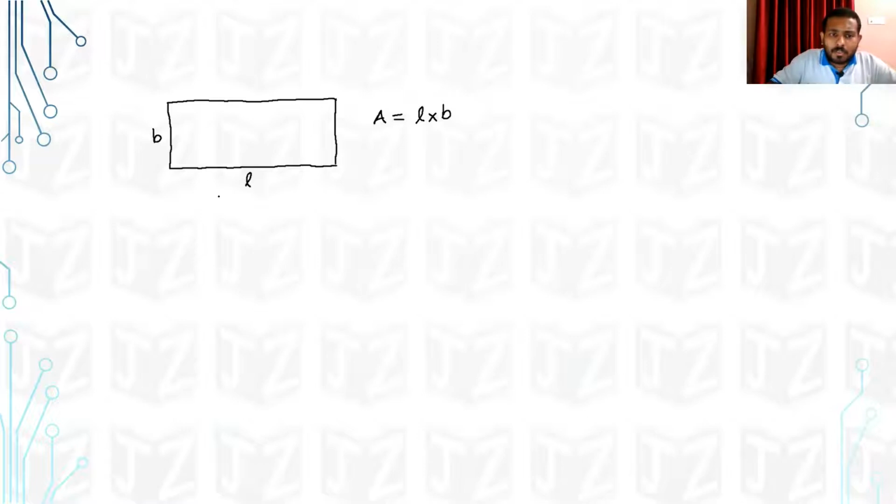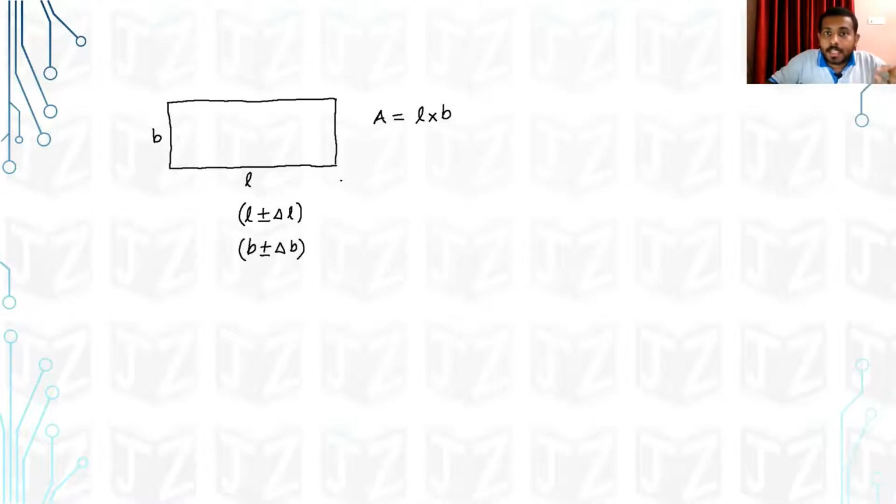But while measuring the length, we get the measured value of the length as L plus or minus delta L. Why is there a plus or minus? Because we know that the random error can be more than the true value or it can be less than the true value. Also, the measured value of breadth, we will get as B plus or minus delta B.